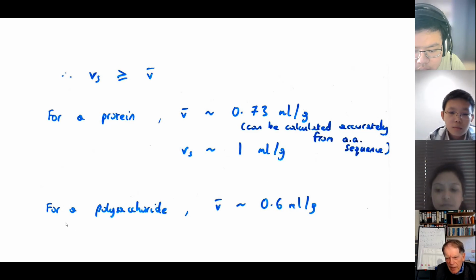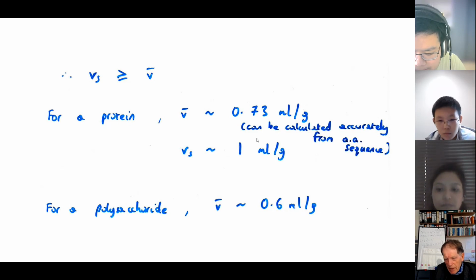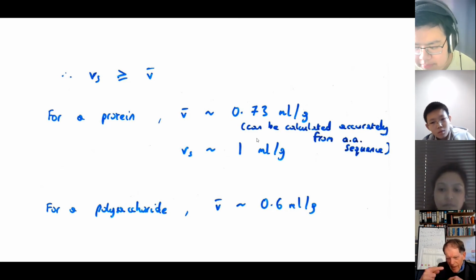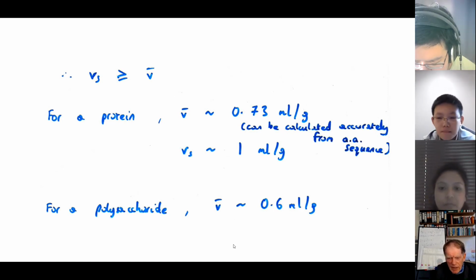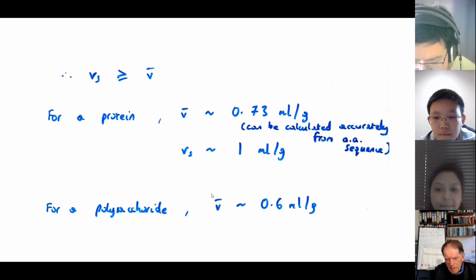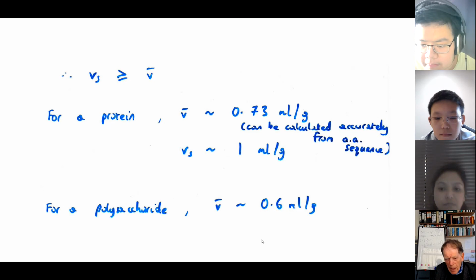For a polysaccharide, v bar is 0.6 mil per gram, so it's a bit denser. Don't forget, specific volume is the reciprocal of density. It's not shown here, but the Vs for polysaccharides is usually much larger than 1 mil per gram.